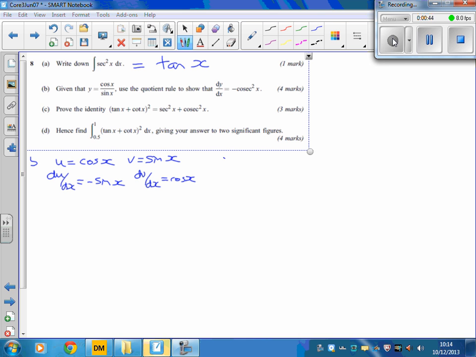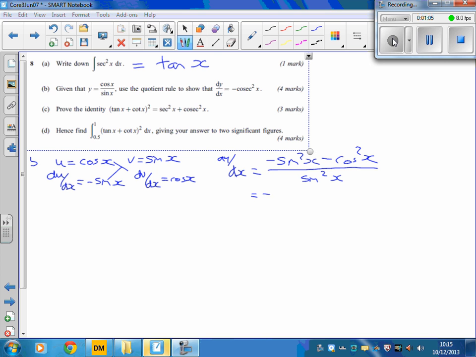And the rule for dy by dx is that it is v du dx, so I've got minus sine squared x, take away u dv dx, minus cos squared x, all over v squared, all over sine x all squared, or sine squared x.